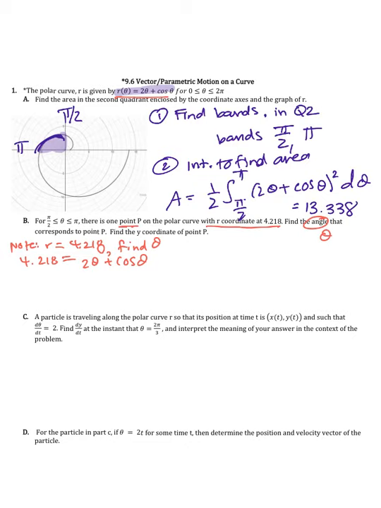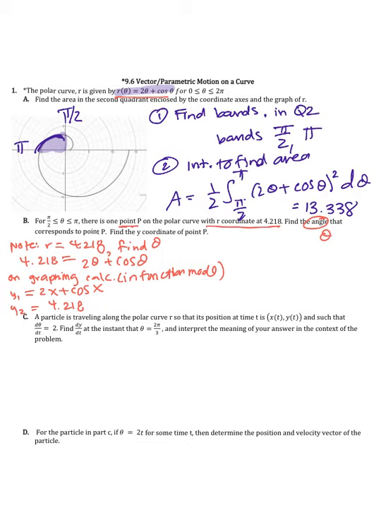So we can set that up. Then we're going to use our graphing calculator. I'm going to try and give pretty detailed instructions here. On your graphing calculator, in function mode, you're going to graph y1 equals 2x plus cosine of x, and y2 equals 4.218.